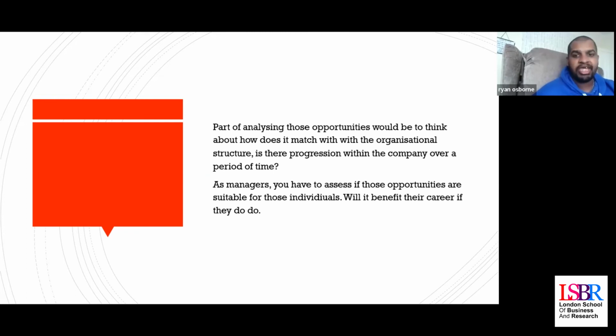And they are very key, because as part of your development, nine times out of 10, you would want to know if that progression is good and it will benefit you as a person, and will it benefit your team as well. So now this bit is another bit as well. As managers, so if I'm a manager, Carol, if you are a manager as well, we as managers need to assess whether the opportunities are suitable for the individuals, the members of staff that we are responsible for.